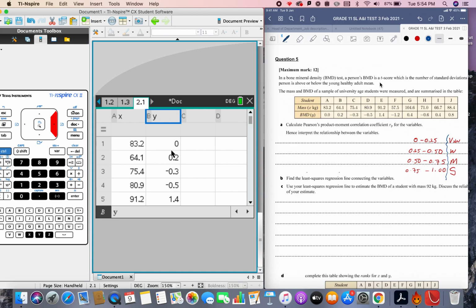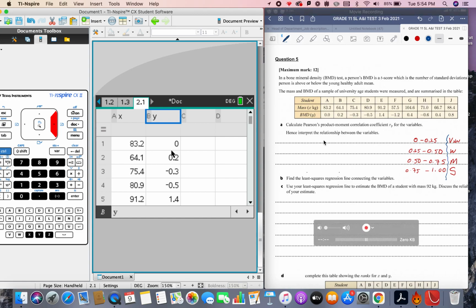So it goes straight into calculate Pearson's product moment correlation coefficient. Pearson's PMCC is the regular correlation coefficient that we would normally run if the data is continuous variables, and if there seems to be some kind of positive relationship, and if there are no outliers.